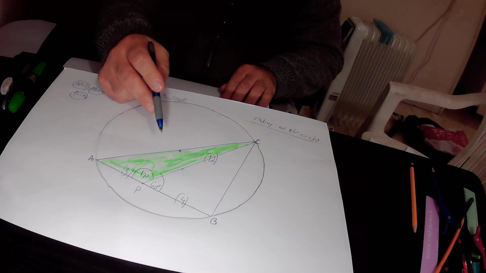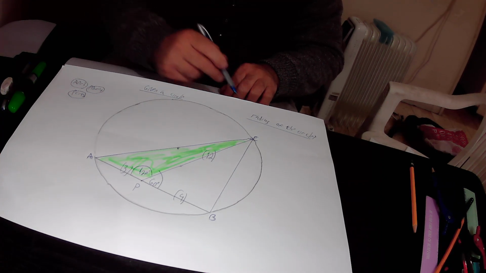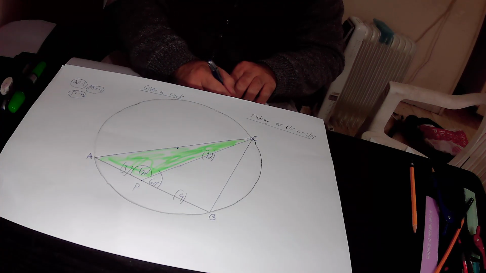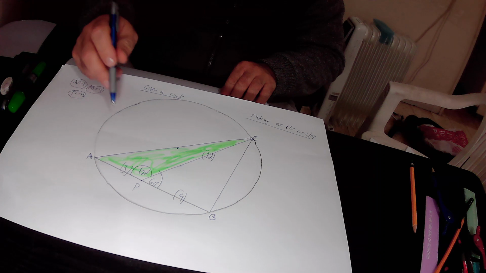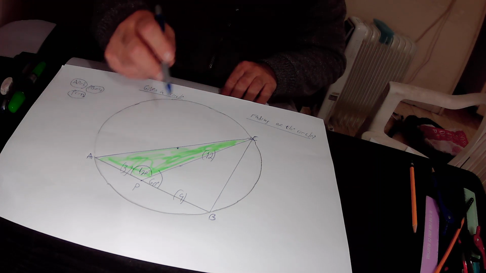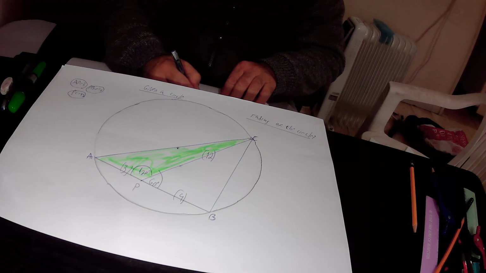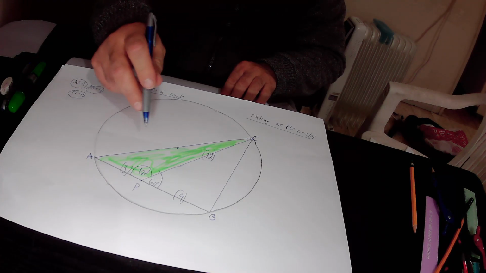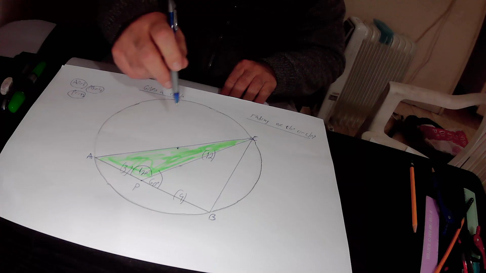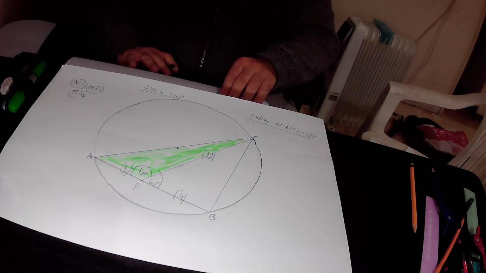So in this grand triangle APC, the following equation is true. CA squared equals AP squared plus CP squared minus 2 times AP times PC times cosine 120 degrees. And again, in this triangle ACP, according to the law of cosines, the following equation is true.